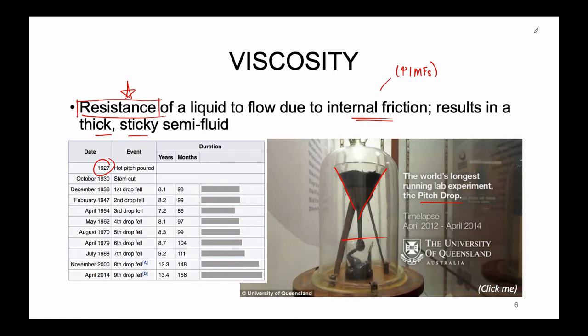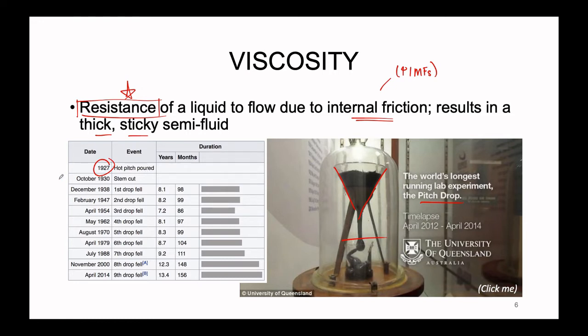How long does it take for a drop of pitch to actually fall out of this funnel? They've been using this as a metric to get an idea for how quantitatively viscous this liquid is. And we can see in the table how many drops have fallen since the experiment was started.